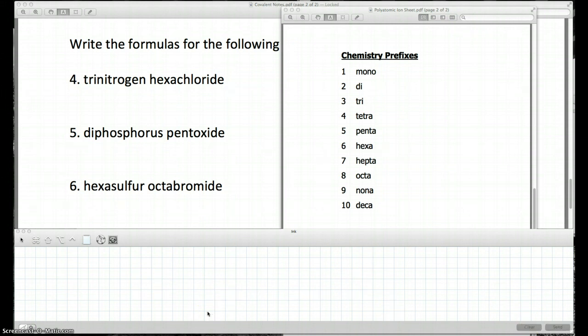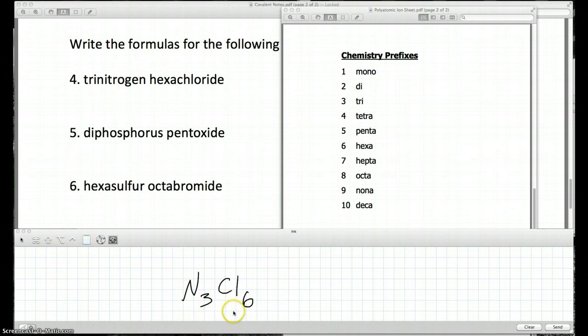Trinitrogen hexachloride. If I give you the name, I want you to give me the formula. So trinitrogen. That means N3. Hexachloride, Cl6. Now, one thing I want to point out is last chapter, in chapter 5 with ionic compounds, if you had a ratio here, if your numbers could be reduced, you were supposed to reduce them.